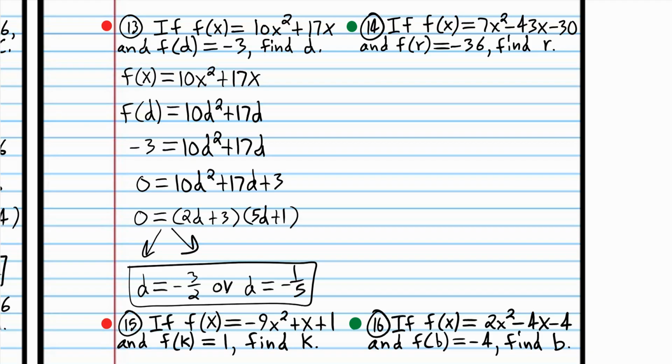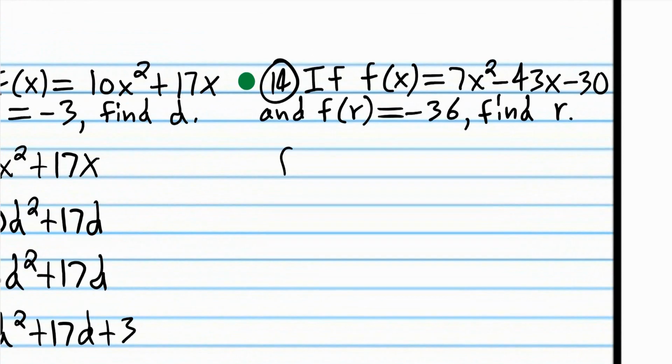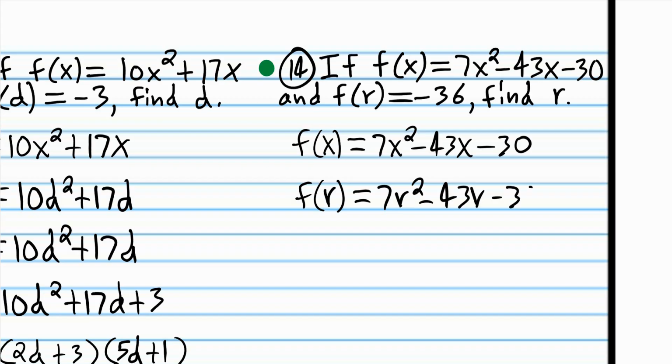Okay, we're back. So we're told that f of x is equal to 7x squared minus 43x minus 30. If that's true, then that means that f of r is equal to 7r squared minus 43r minus 30.